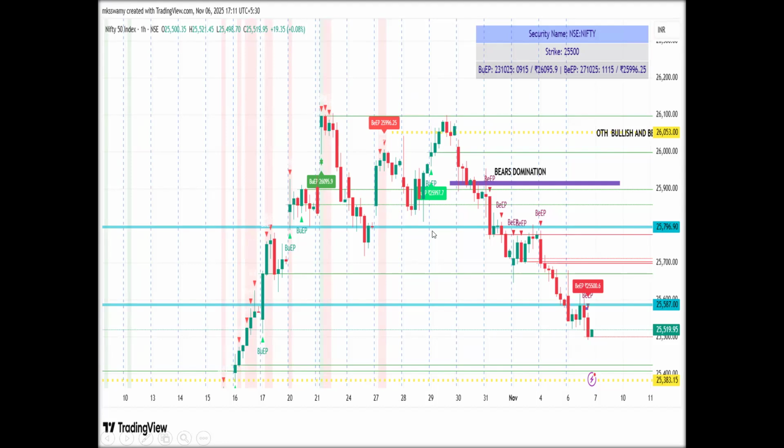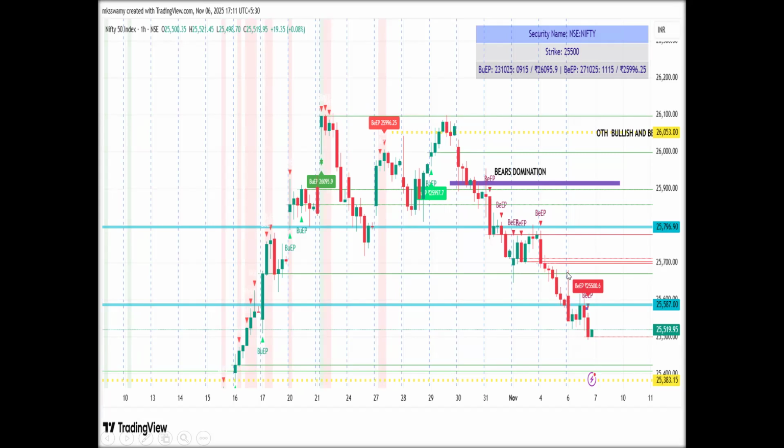Around this area, you can see both bull and bear EP were dominating. Can you see bull EP, and bears are plummeting? Again, bulls are trying to push higher. Finally, bears took control and the market is continuously going down, flashing only bear EP, bear EP.